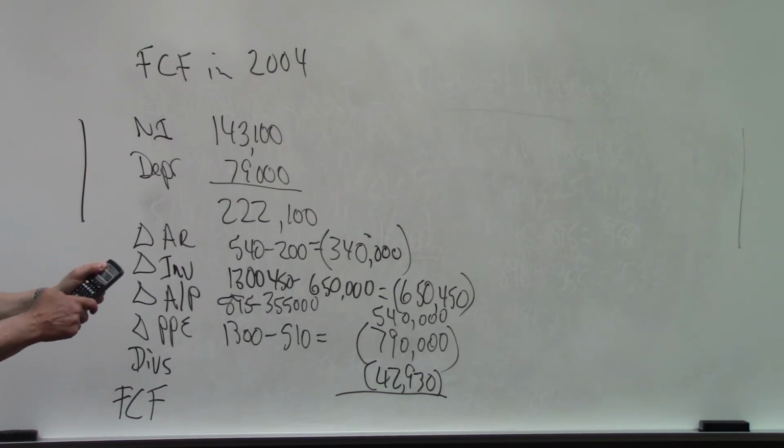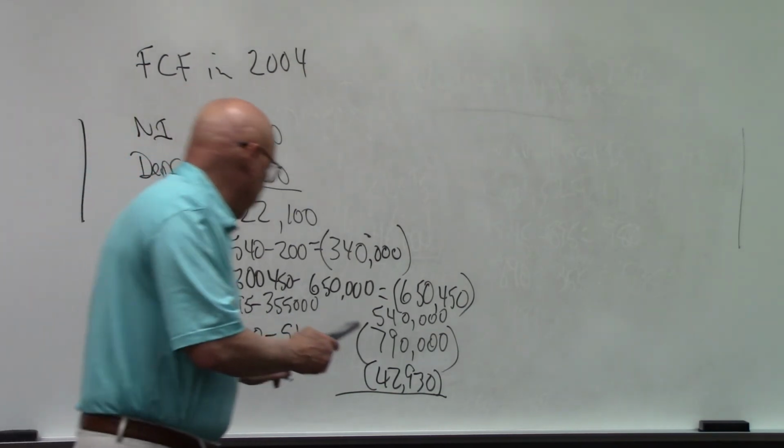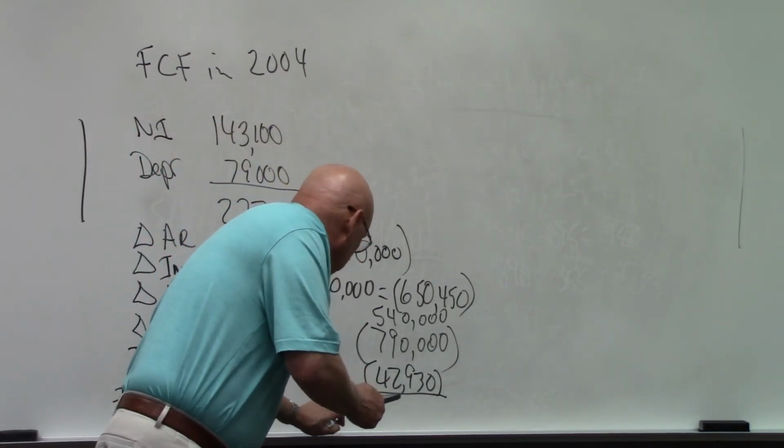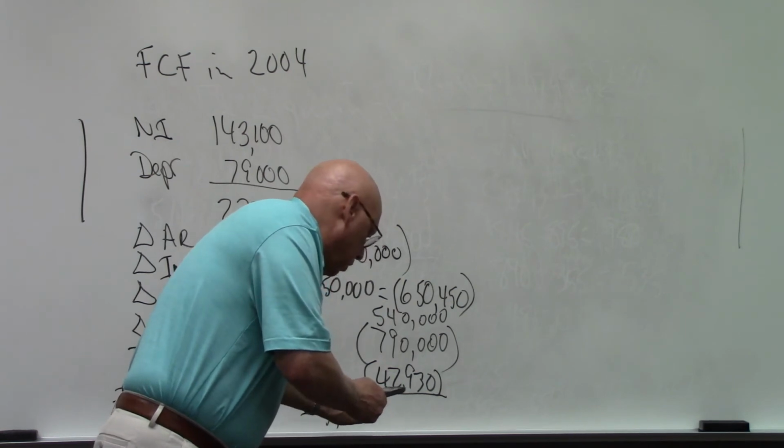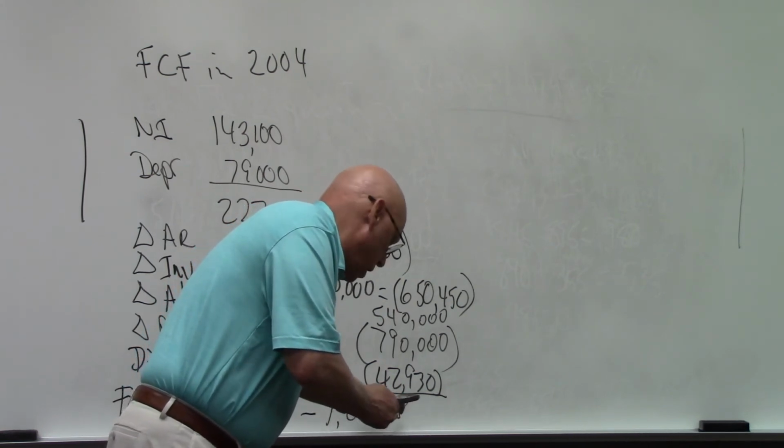And we have 222,100 minus 340,000 equals minus 650,450 equals plus 540 equals minus 790,000 equals minus $42,930, and our free cash flow is minus $1,061,280.